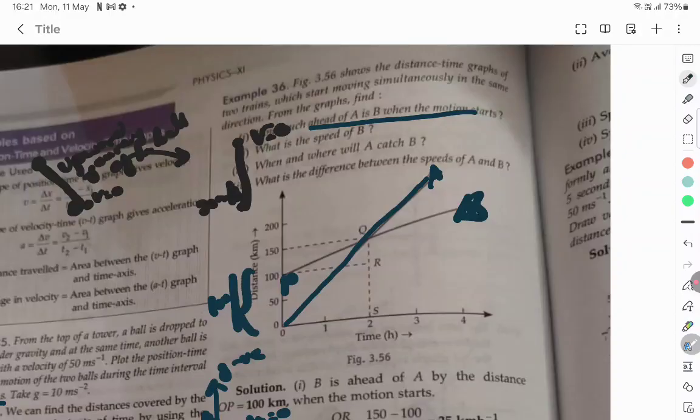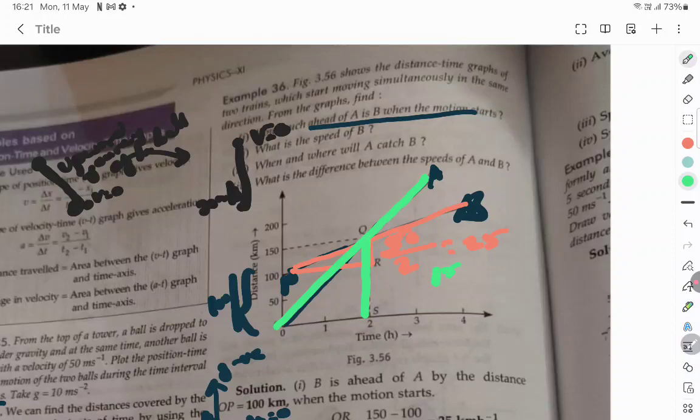Who has the greatest speed? Let's see. If I want to find the speed of B, I'll use a different color. I can find opposite by adjacent, which is opposite is 50 by adjacent is 2, 50 by 2 is 25. If I want to find the speed of A, I'll locate this point where the opposite is 150 by adjacent is 2 and write it as 75.